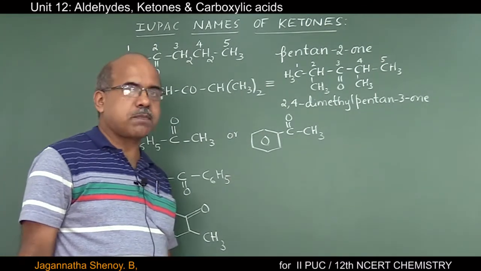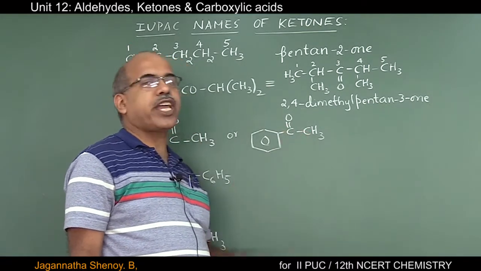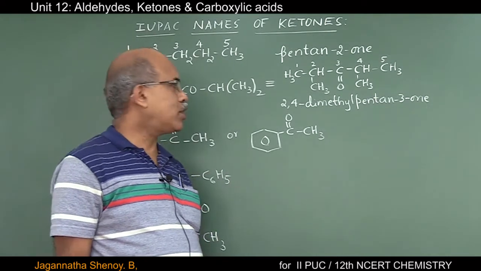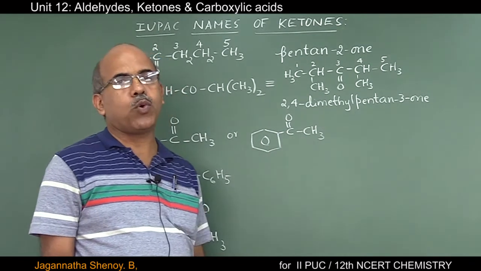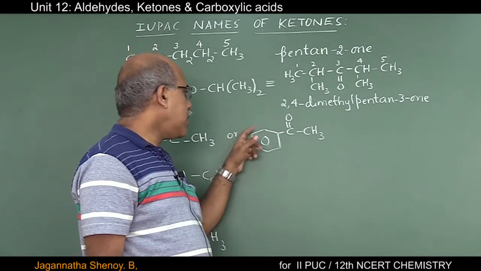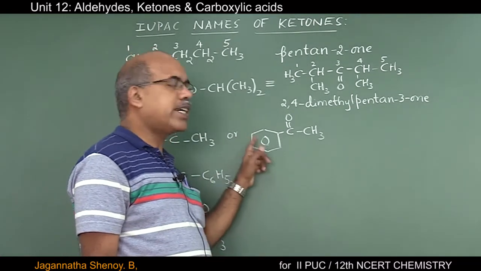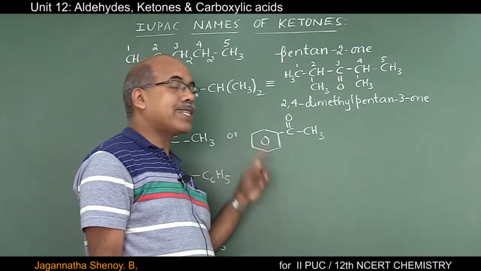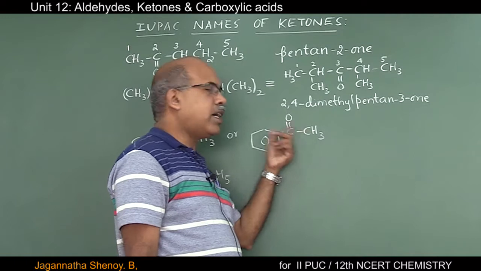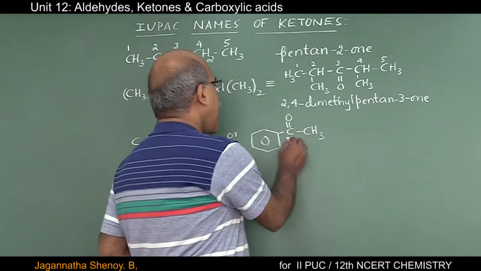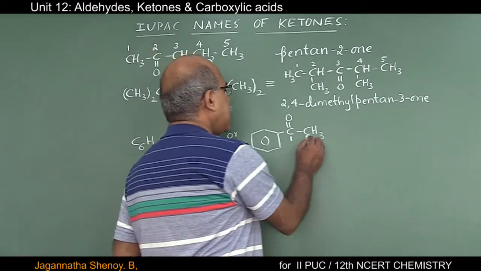If you want a more specific IUPAC name, I am going to consider the open chain as the parent chain, because the open chain contains the principal functional group C double bond O. And this phenyl group will be treated as a substituent, because though it contains more carbon atoms, it does not contain the principal functional group. Now when we want to number the main chain, the carbon atom of the functional group should be given number 1 and this has to be 2.